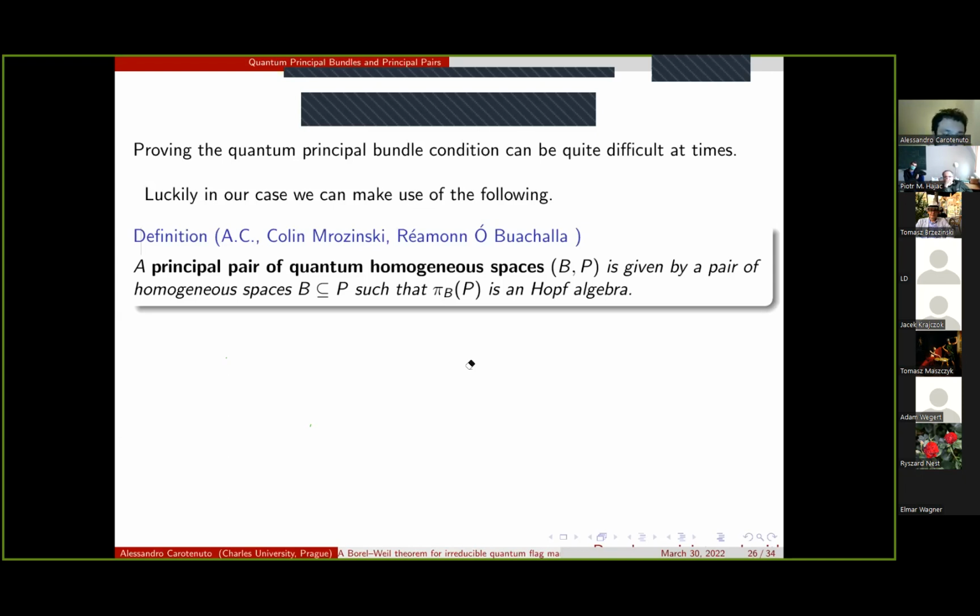It's going to be M quotiented by N. So the fiber is given by the bigger subgroup of G quotiented by the smaller subgroup of G.